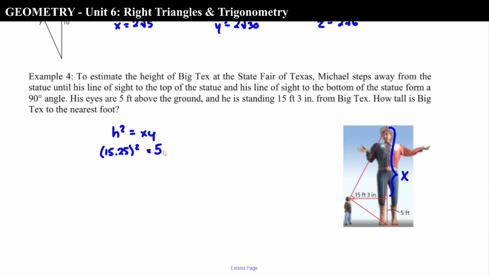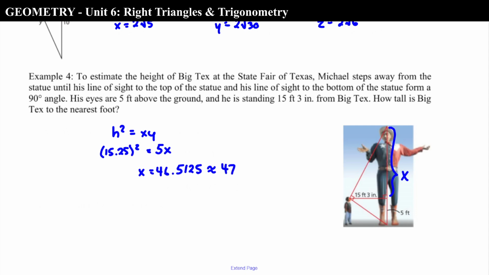Y is 5, so we've got 5y here. Or I should say 5x, because y is 5. All right, you do that math, square this, and then divide it by 5, and you're going to get that x is 46.5125, which is, to the nearest foot, approximately 47.